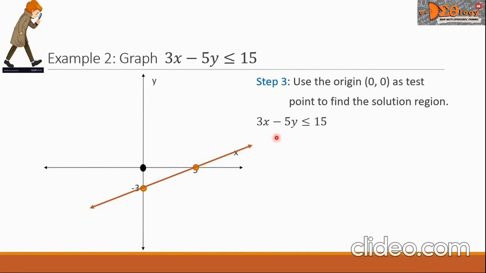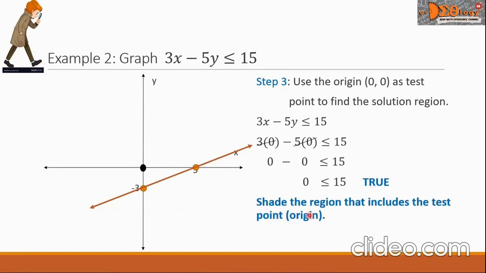So 3x minus 5y is less than or equal to 15 now becomes 3 times 0 minus 5 times 0 is less than or equal to 15. 3 times 0 is simply cancelled out. Also the 5 times 0. And this is 0 minus 0, which is 0, is less than or equal to 15. And this is a true statement.